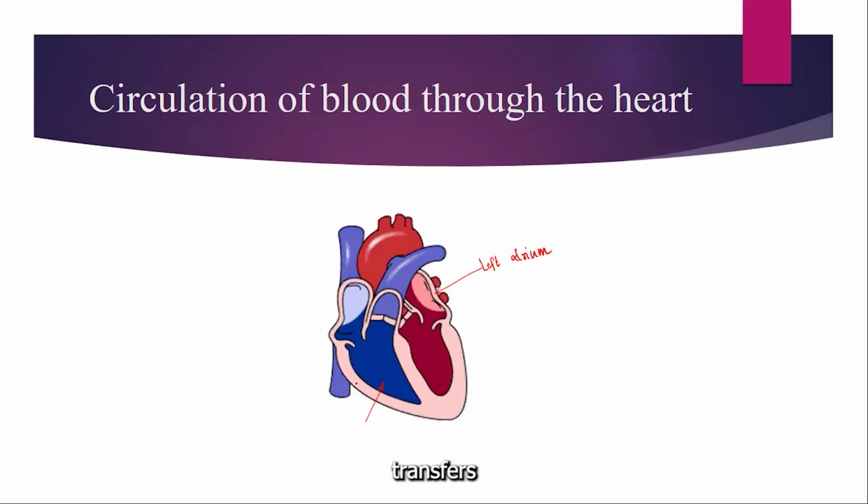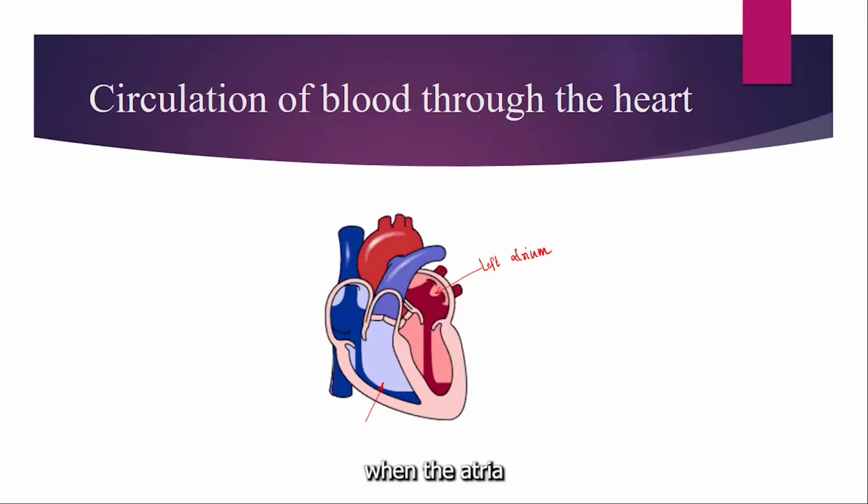This transfers blood to the right ventricle, which in turn pumps it to the lungs for oxygenation. Since ventricles have to pump blood into various organs, they have thicker muscle walls than the atria. Valves are present to ensure that blood does not flow backwards when the atria or ventricles contract.